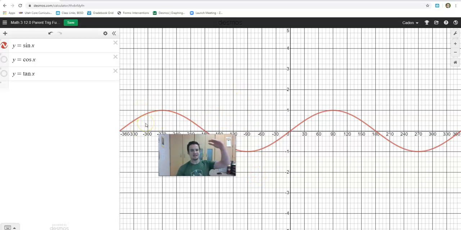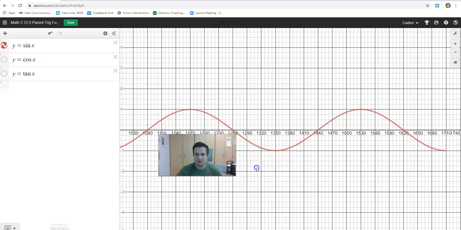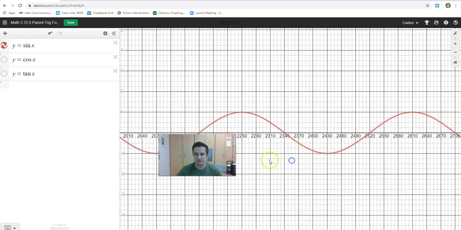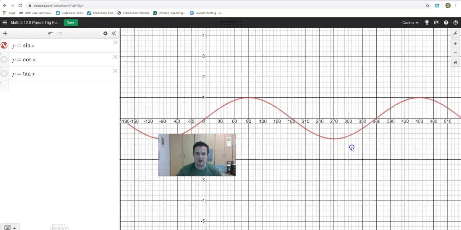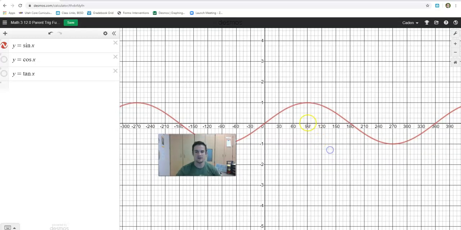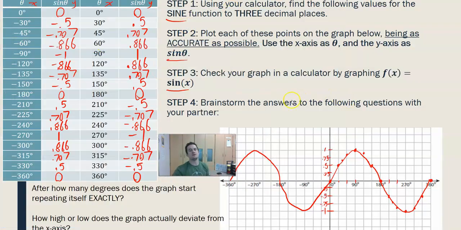It's this nice little sine wave. And you'll notice as I keep going to the right, it just keeps repeating itself over and over. Okay, so that's my sine function. We often refer to that as a sine wave.